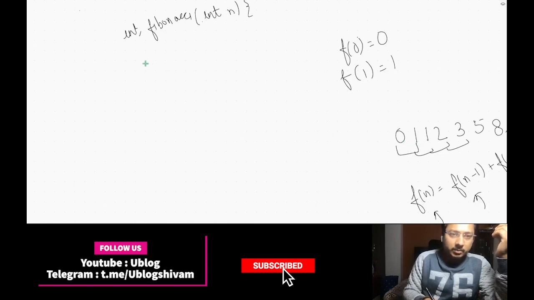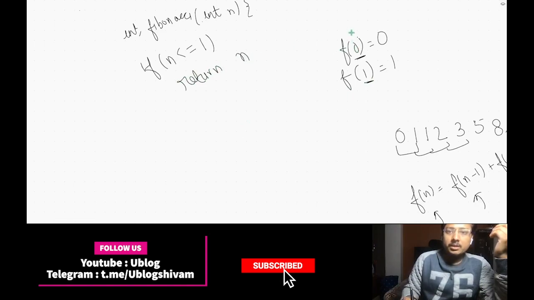So we can take as a base case that if n is less than or equal to 1, which is 0 and 1, we return n only, because f0 is equal to 0, which means if n is 0 we return 0, and similarly f1 is 1.